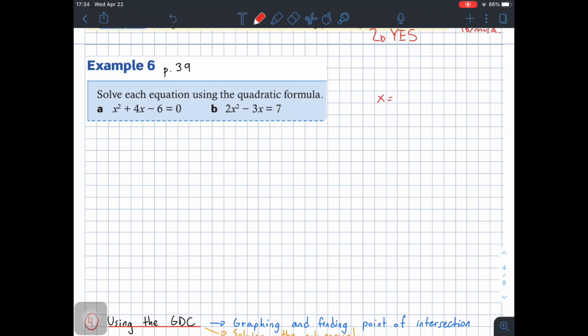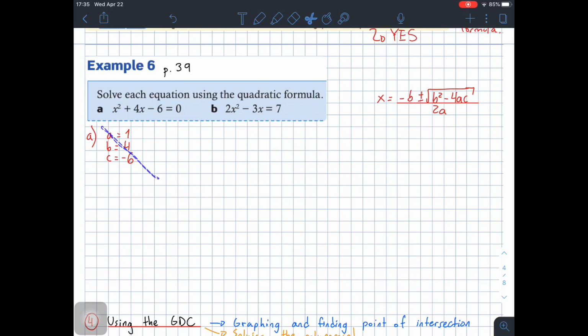Let me write it here. X equals minus b plus or minus the square root of b squared minus 4ac over 2a, right? So the only thing you need to do is identify a, b, and c in each case. So if we do exercise A, from this equation over here, the value of a is 1, the value of b is 4, and the value of c is negative 6.